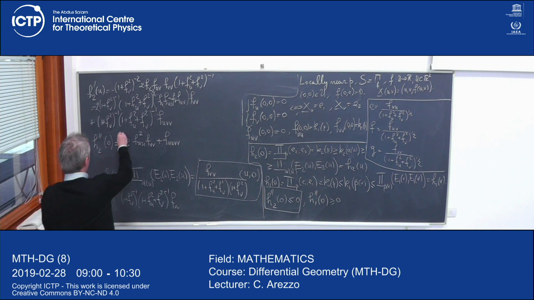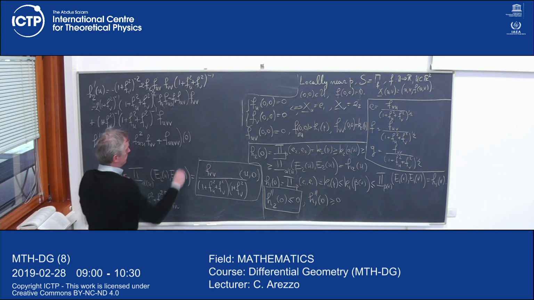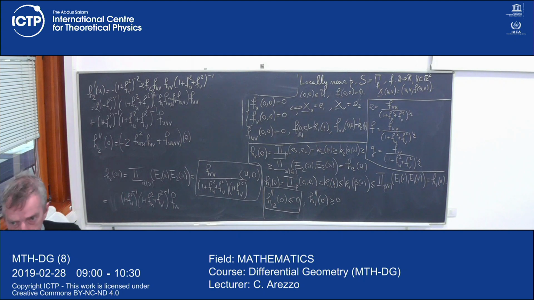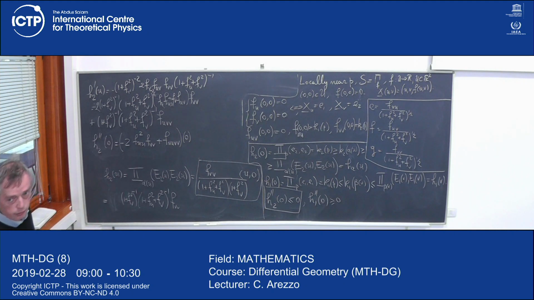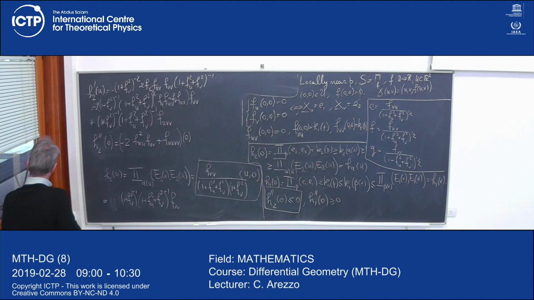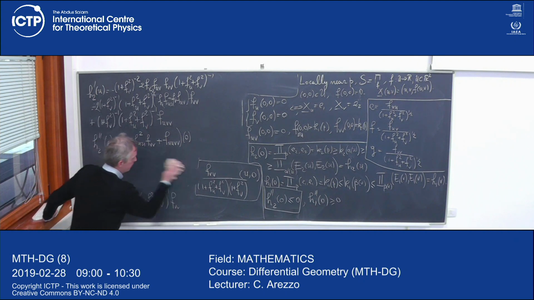All this, of course, is evaluated at 0. Now, I don't do it, but you play the same game for h1, and I tell you, hopefully, the result. So what is, on the other hand, h1 double prime?